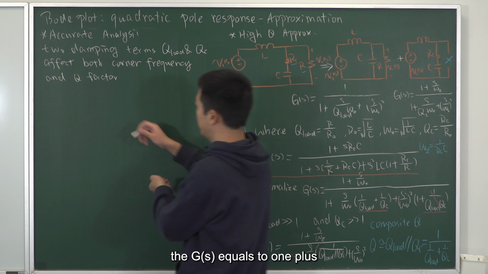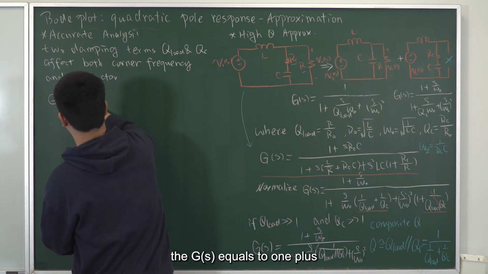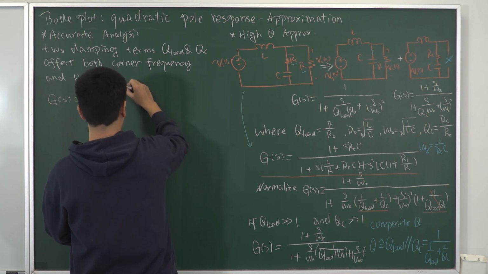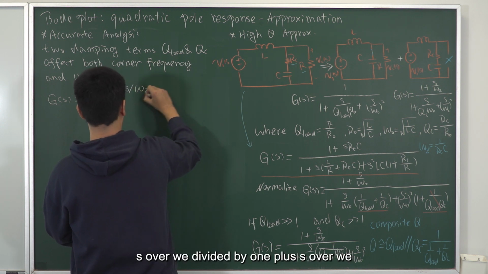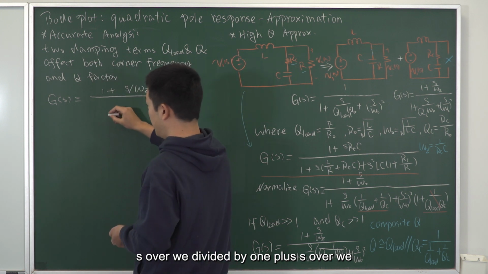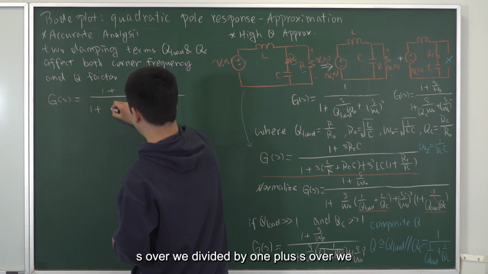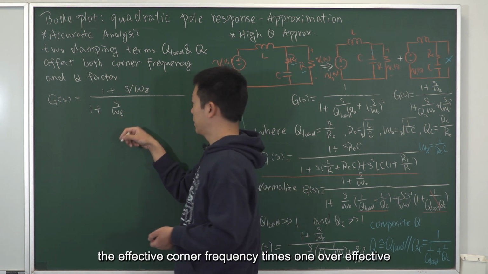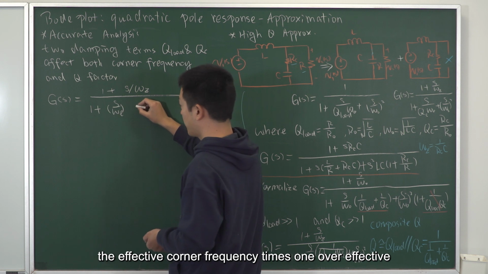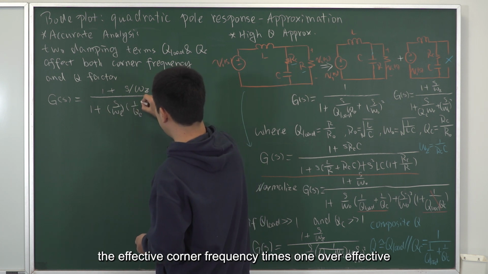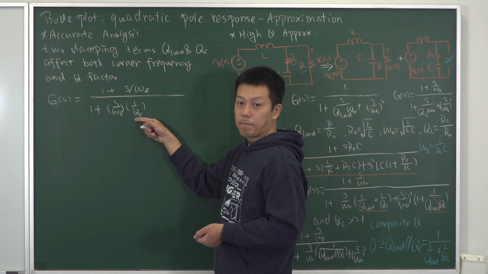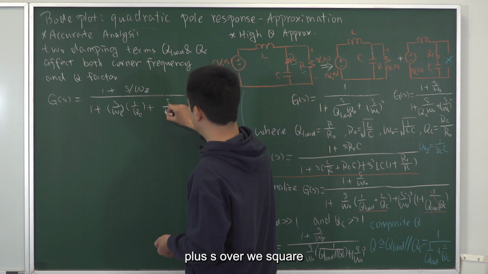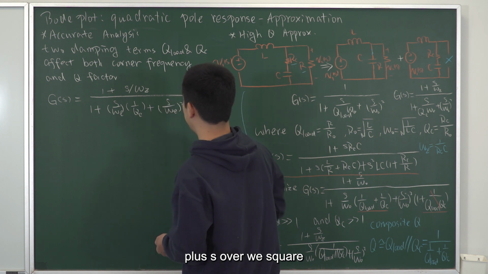Then we have G(s) equals 1 plus s over omega Z, divided by 1 plus s over omega E, times 1 over the effective quality factor of the entire system plus s over omega E square.